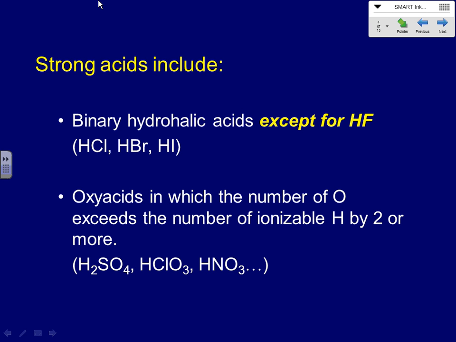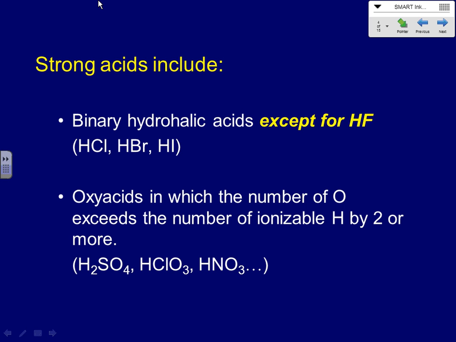Now this second part's important as well. The oxyacid in which the number of O's exceeds the number of ionizable H's by 2 or more. What a great statement that is. That's your classic quantitative statement that we really have to think through and look at our examples in order to make sense of it.